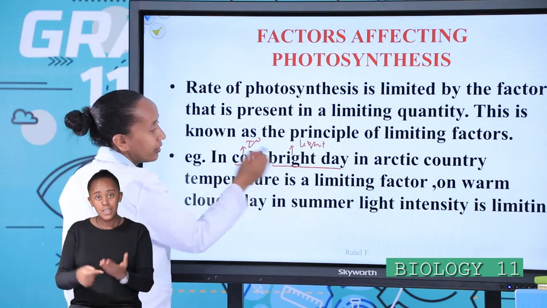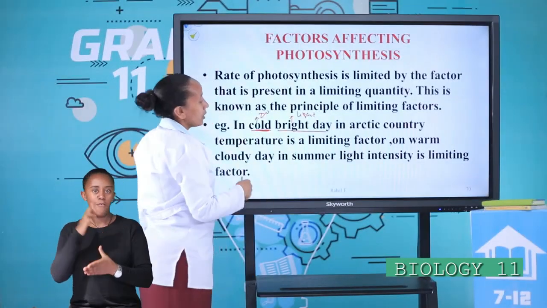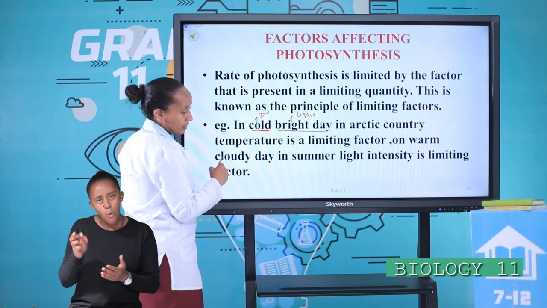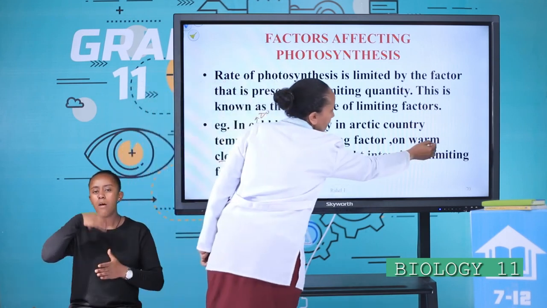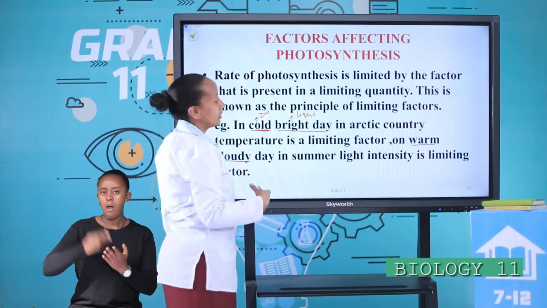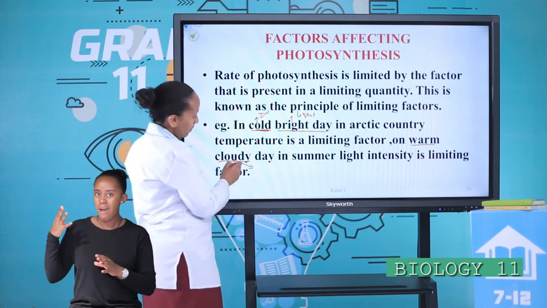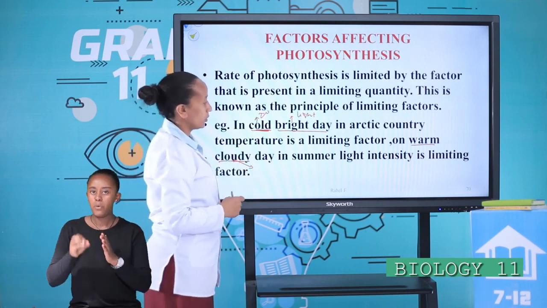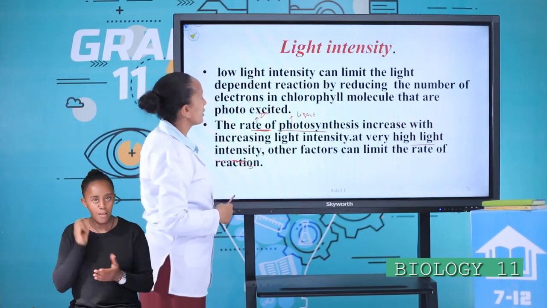Therefore, in this environment, temperature is the limiting factor. Or if you look at another example, a warm, cloudy day. Warm indicates high temperature. Cloud indicates low intensity of light. Therefore, on a cloudy day, low intensity of light is considered the limiting factor.